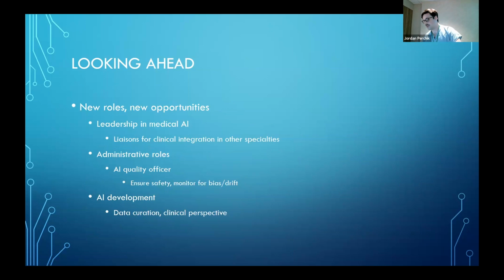I'm not going to dwell on that because I think that you all have a great resource already on your hands for learning about the different applications of AI in other subspecialties. So at least for radiology, we have started to carve out our role with this experience in AI, where we can serve as liaisons and leaders for how AI can be deployed clinically for other specialties.